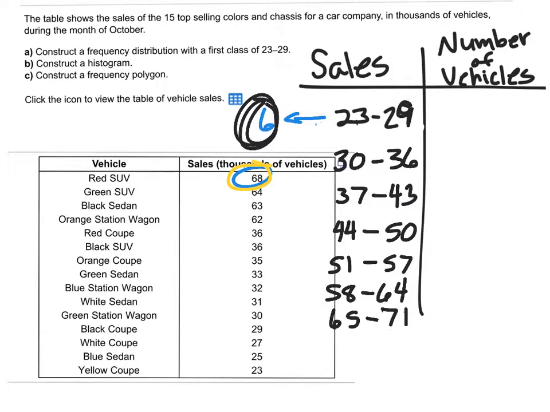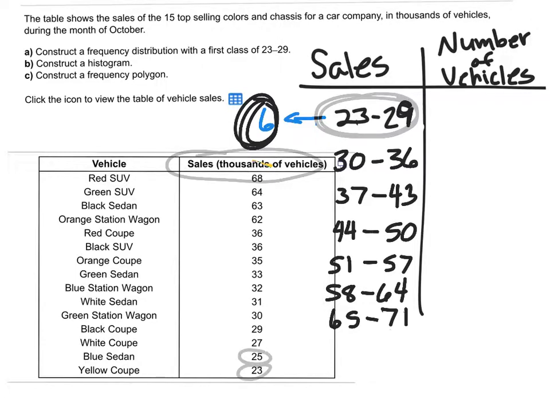Now the next step. On your screen, you've got these little boxes that need to be filled in. Just for the sake of neatness, I'm going to take those boxes away, but I'm filling in the boxes that appear on your end of MyMathLab. Let's look at our first class, 23 to 29. I'm going to look on my table and see how many numbers from my sales column fit in that range.